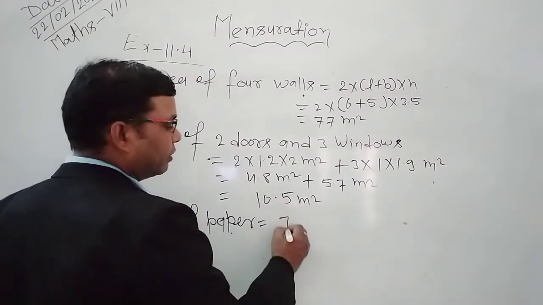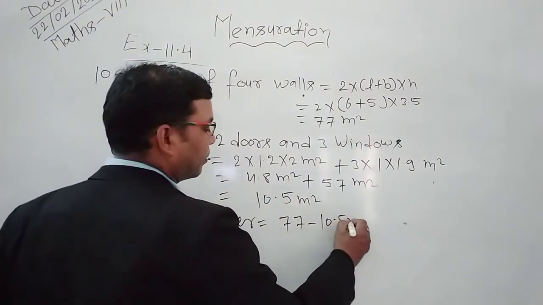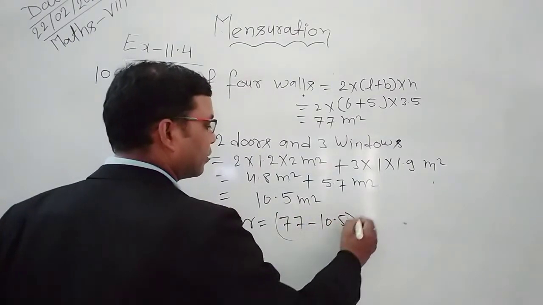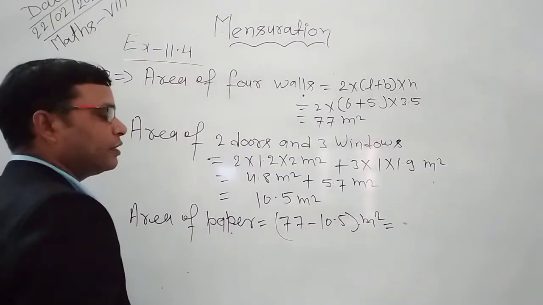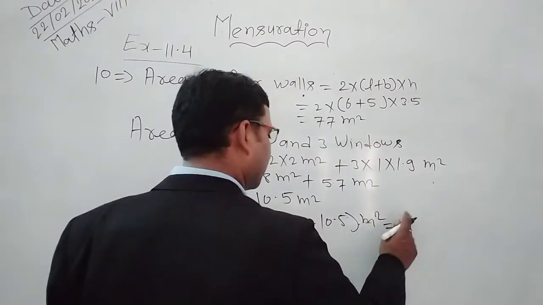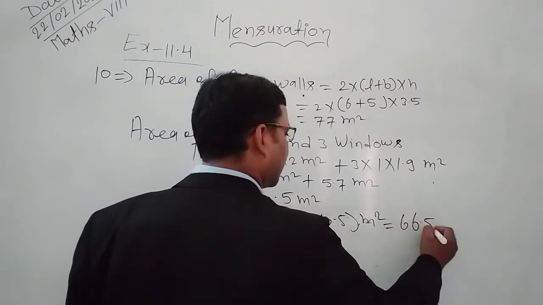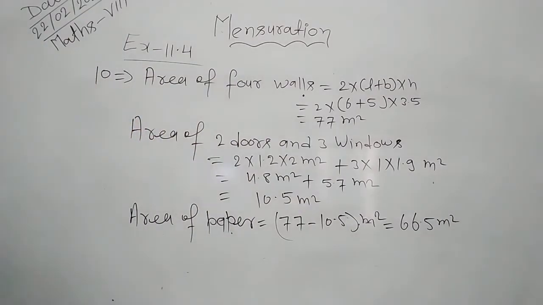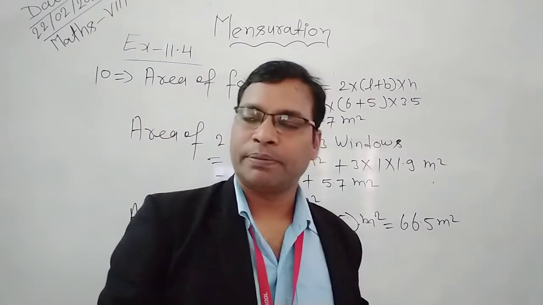This is equal to 77 minus 10.5 meter square. If you subtract them, then you get 66.5 meter square.